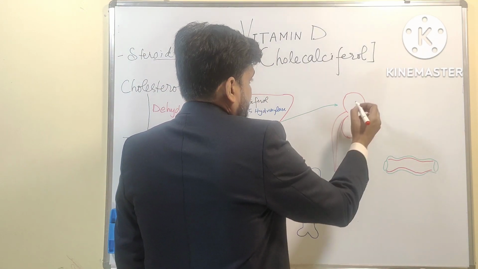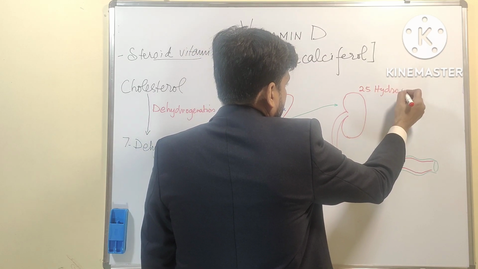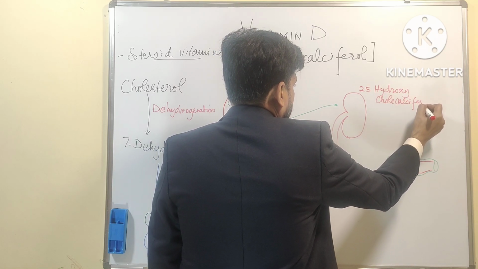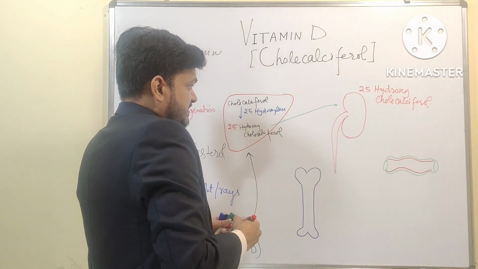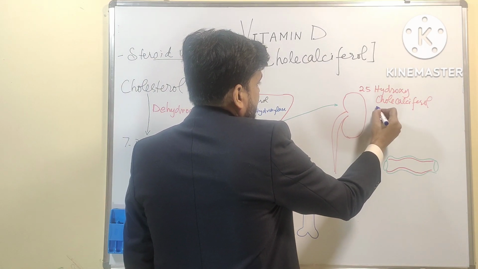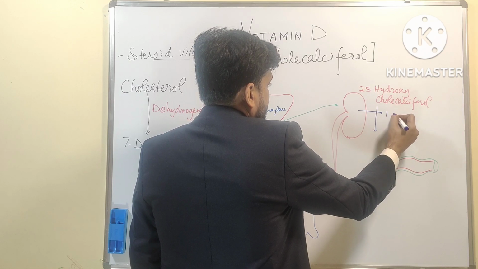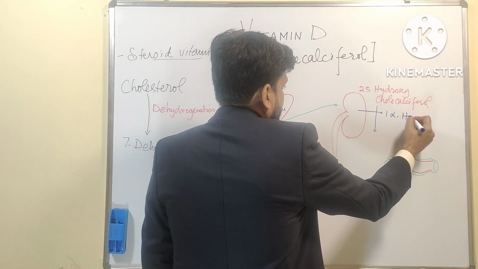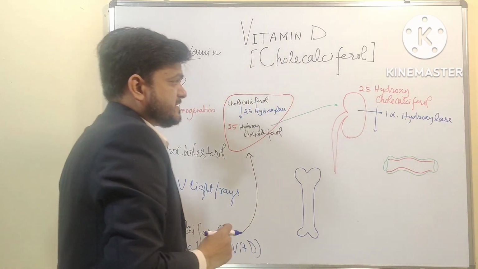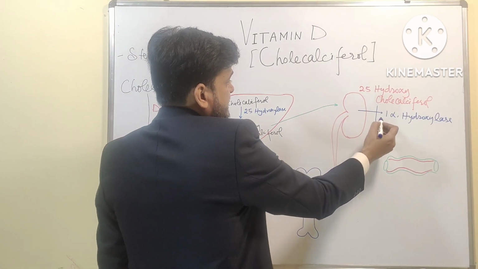So we have 25-hydroxycholecalciferol, and it is transferred into the kidney, where another enzyme, that is 1-alpha hydroxylase, is present, and it adds another hydroxyl group, that is OH group, at the first position.